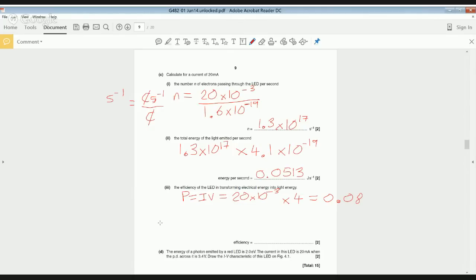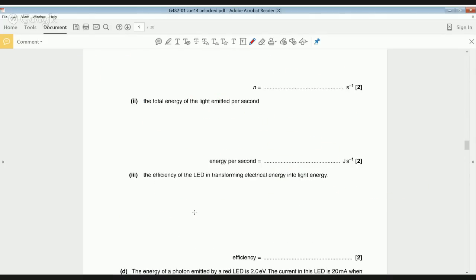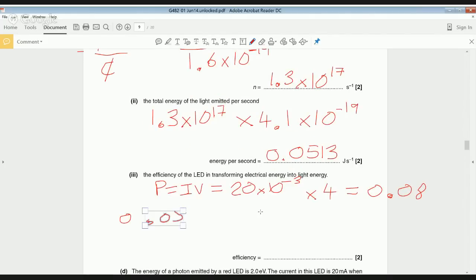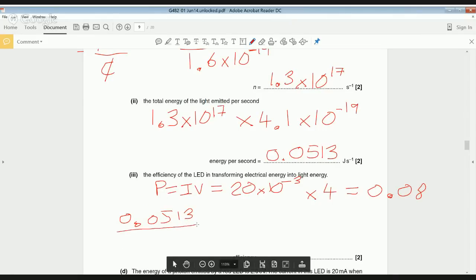So efficiency is, you find this on the formula sheet, the useful output energy divided by the input energy. In this case, the useful output energy, the light energy, 0.05, excuse me, 1.3, apologies for the handwriting there, divided by 0.08.